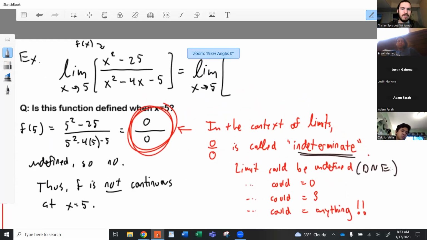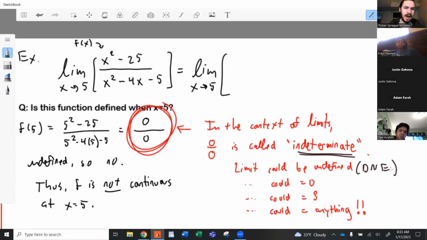So let's see what we can do. I'm going to algebraically manipulate this expression. It needs to still be equivalent. This is why it's so important for you guys to review. This is why we were reviewing how to simplify algebraic expressions, because that is one of your main tools for evaluating limits here. Okay, so all I'm going to do first is just factor.